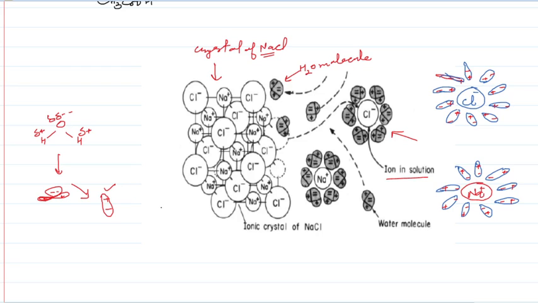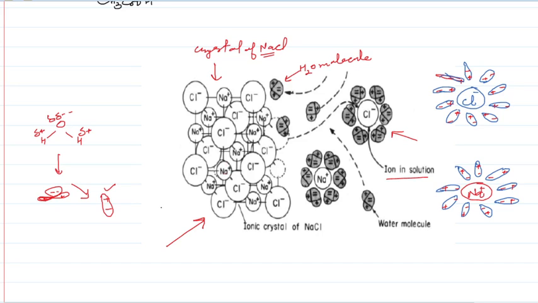So what is this? Basically NaCl is an ionic compound consisting of Na positive and Cl negative ions joined together via electrovalent bonds in a crystal lattice. This figure, what you are seeing here, is just a crystal lattice.